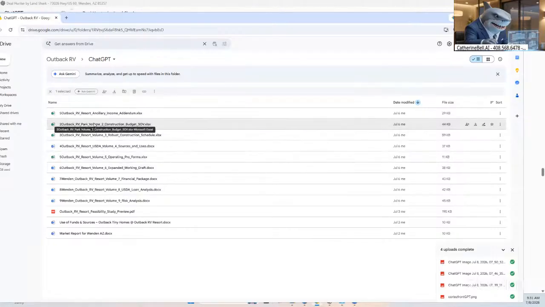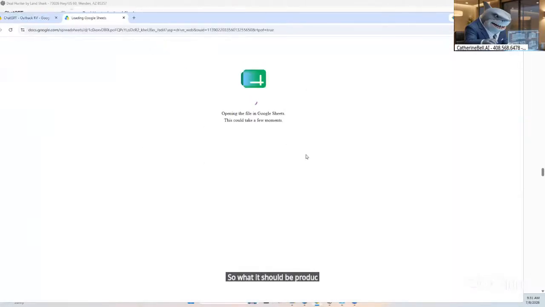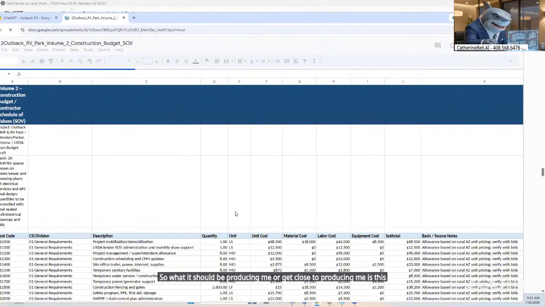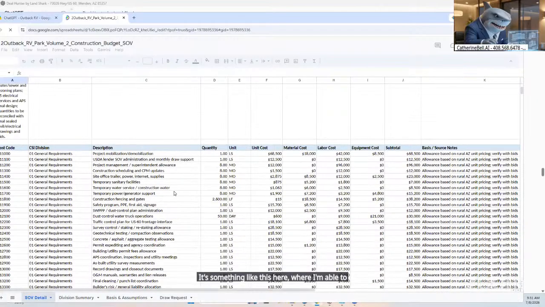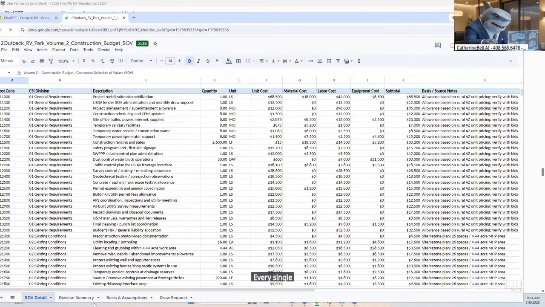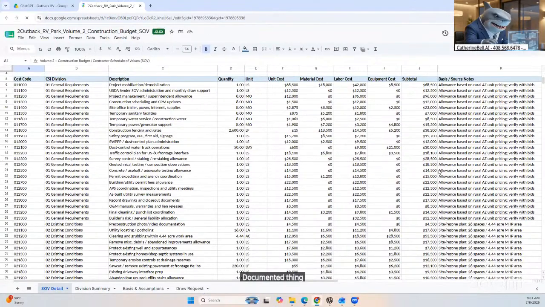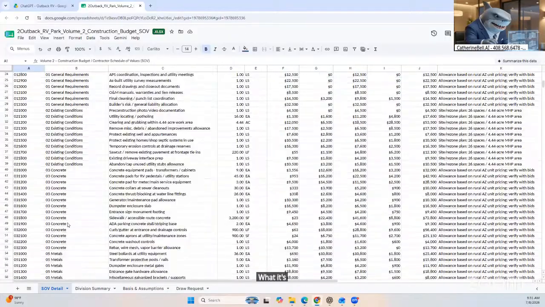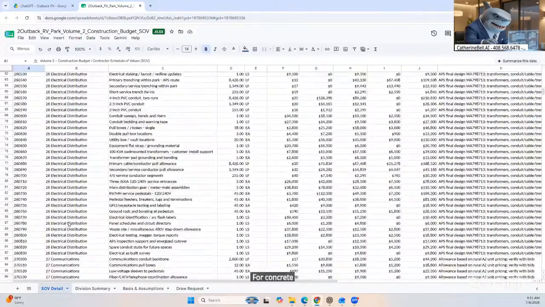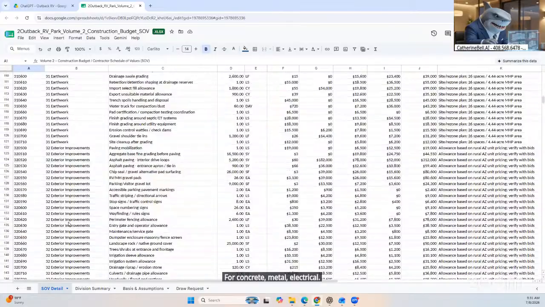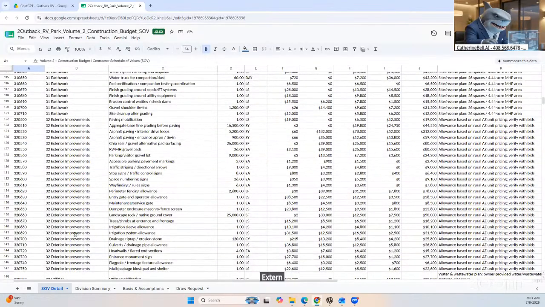So what it should be producing, or get close to producing, is something like this here, where I'm able to have every single documented thing that we're doing, like what it's going to cost for concrete, metal, electrical, communication, earthwork, external, internal, all the way down.